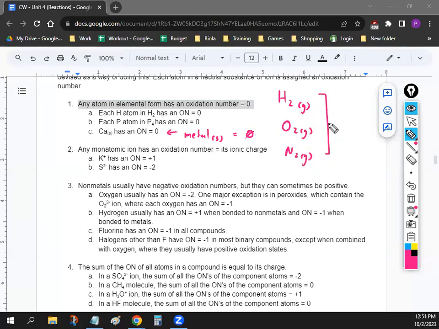These all also have an oxidation number of 0. So hydrogen in H2 gas has an oxidation number of 0, oxygen in O2 gas has an oxidation number of 0, and any metal that's a solid has an oxidation number of 0. That's what an elemental form is: the most basic form in which an element is found.